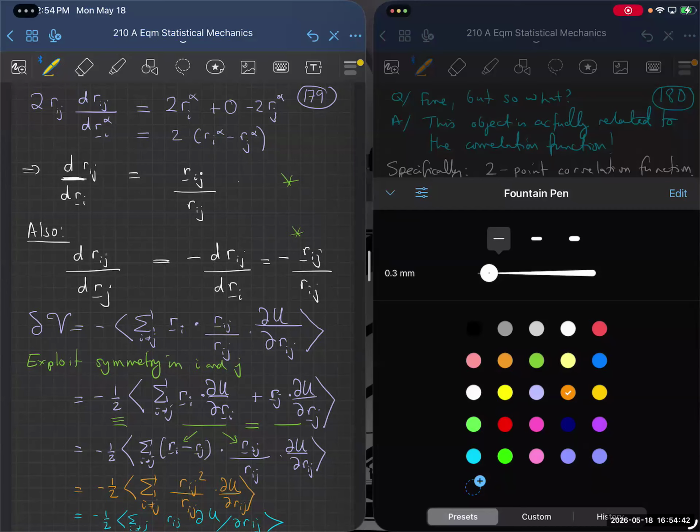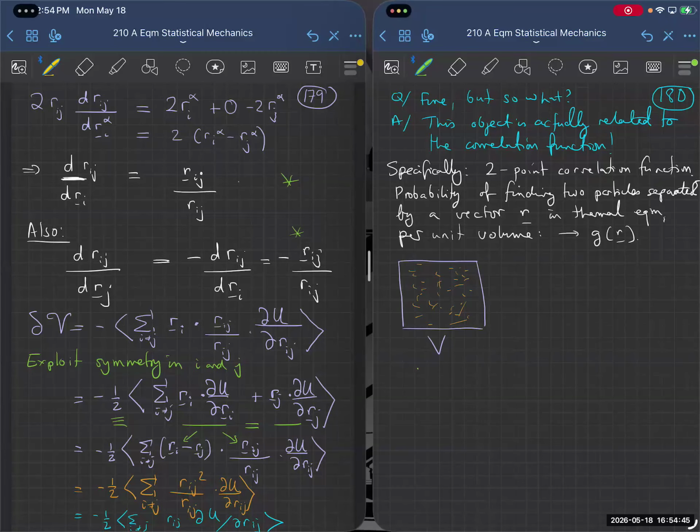You might say the vector r I'm interested in is two particles that are separated by this particular vector. So I take this vector and move it around in the volume. I stick one end of it at every single particle, and I see, is there another particle a distance r away from it? I count the number of times that happens, and that enables me to count how many particles in that volume are separated by that distance, and I can divide by the volume to find the probability per unit volume. Yes, question.